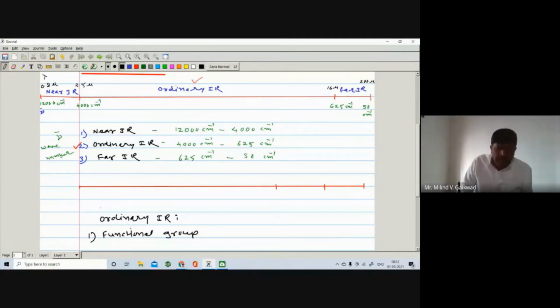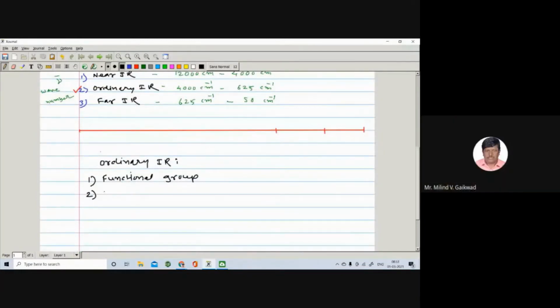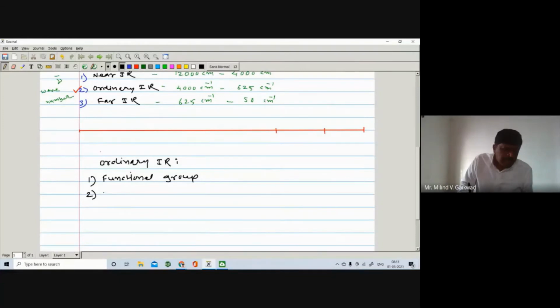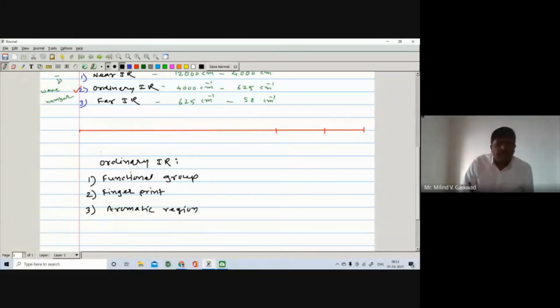Second is the fingerprint region. And third is the aromatic region. Now look here, this part is very important.